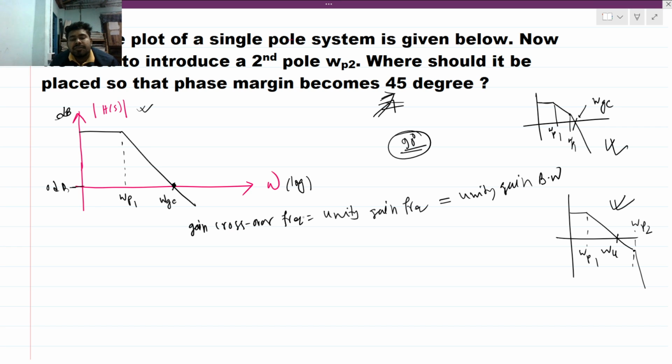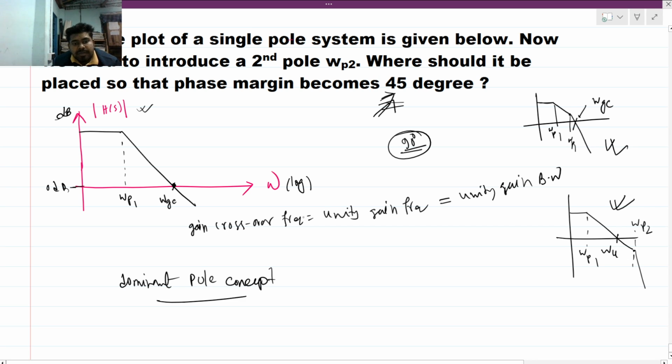To achieve 45 degree phase margin, we need to consider dominant pole concept. Okay, dominant pole concept. What does it mean? Dominant pole concept means the first pole is very less than the second pole.